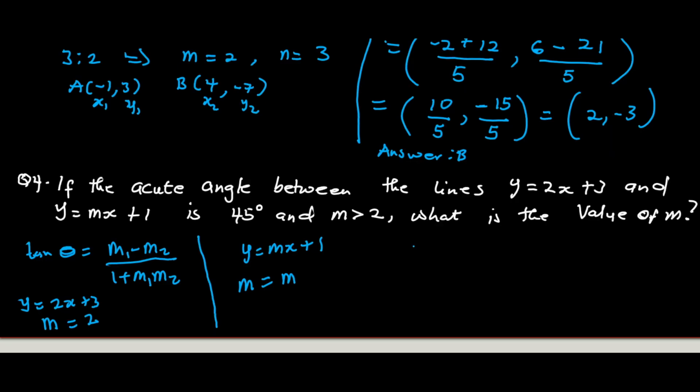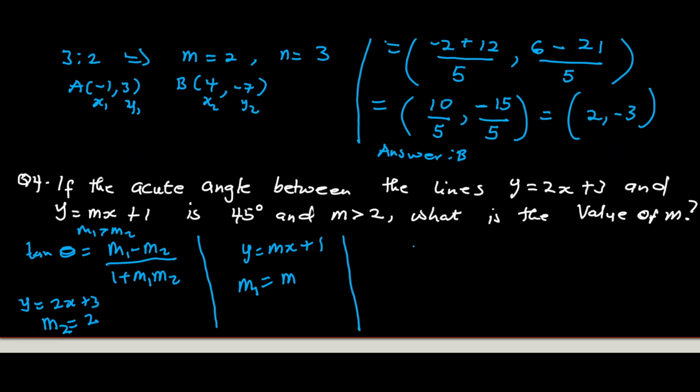That means that if we want to use this particular formula, where m1 should be greater than m2, then out of these two gradients, m will be our m1 and 2 will be our m2. So that will be the case.